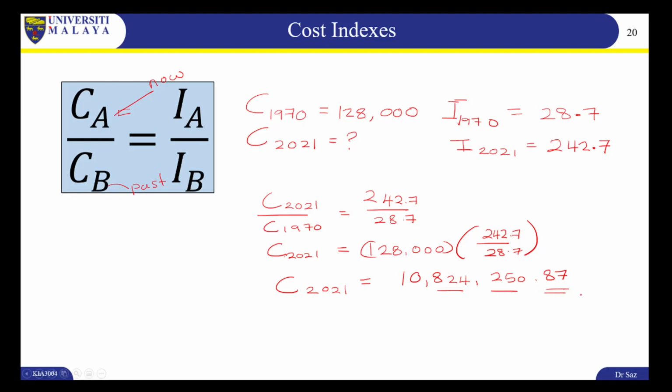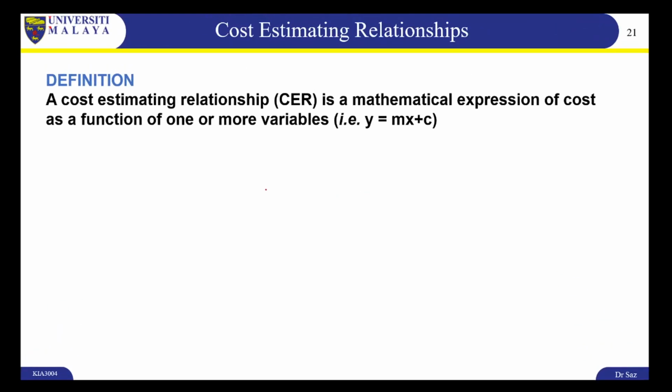That's quite a jump from 128,000 in about, oh no, not 30, 51 years ago. So in 1970, if you had this amount of money, you were quite rich. Okay, that's it for cost indexes for the time being.